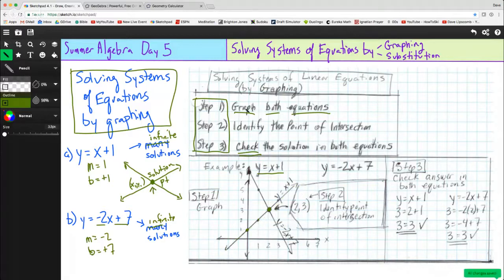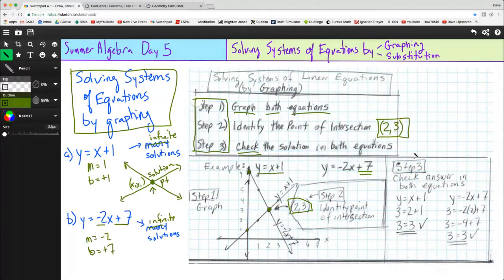Similarly, to graph your second equation, you go to positive 7, which is your y-intercept, and go down 2 over 1, which is your slope, and then draw your line. That's step one. The second step is identifying the point of intersection, which we're going to suppose is 2 comma 3, because that's where the lines cross.